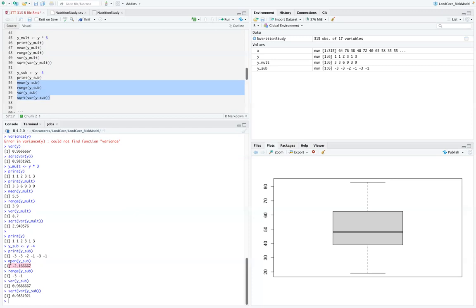Our highest number is -1. So we'll take the max minus the min, and that'll give us 2 as the range. And then our variance is 0.9666 repeating, and our standard deviation, which is the square root of the variance, is 0.9831921.